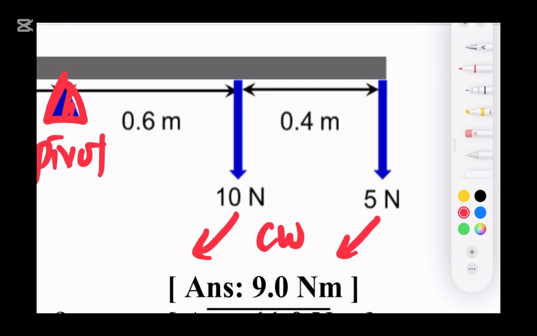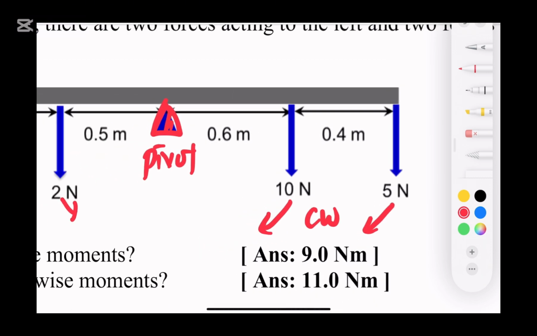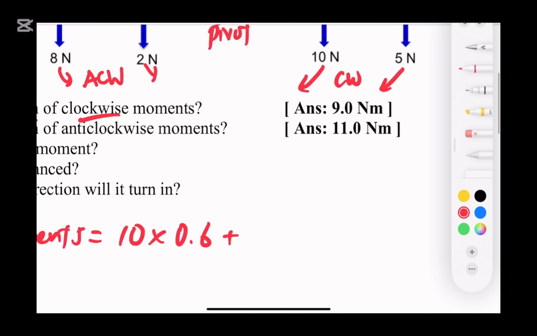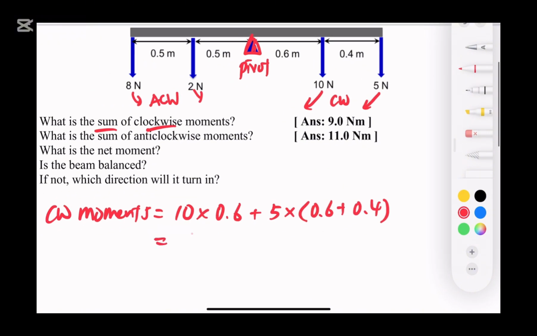It's not 5 times 0.4, but rather 5 times 1 meter, because the perpendicular distance is this whole stretch from the force to the pivot itself, that's 1 meter altogether. So you take 5 and multiply by the sum of the two lengths. That gives you 10 times 0.6, plus 5 times 1, which is 6 plus 5, and that gives you 11 Newton meters.